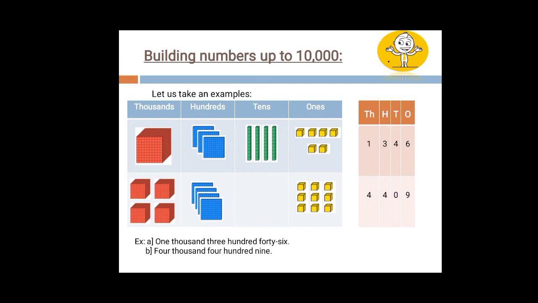At the place of thousands you will write 4, at the place of hundreds you will write 4, but at the place of tens you will write 0 because there is nothing in the column of tens. That's why we will write 0. And there are 9 units at the place of ones, so we will write 9 at ones place.